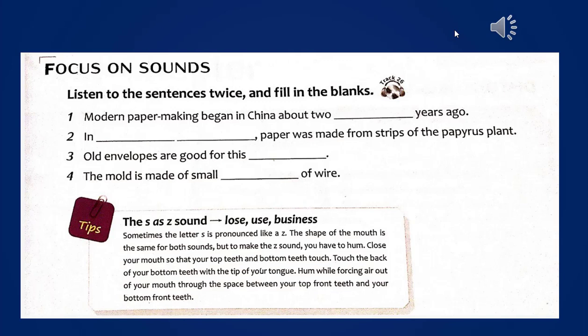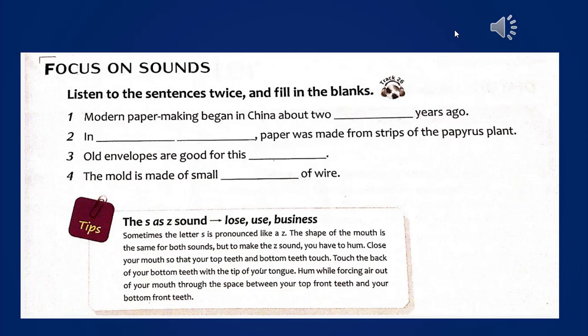And number 2, in those days, paper was made from strips of the papyrus plant. And number 3, old envelopes are good for this what?